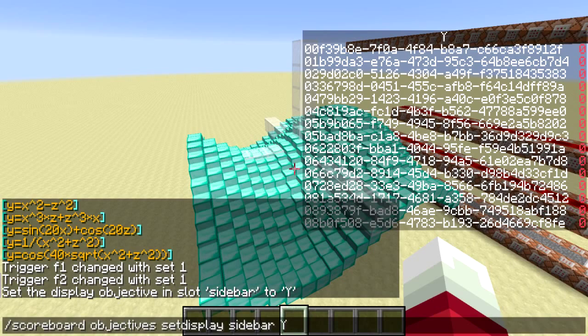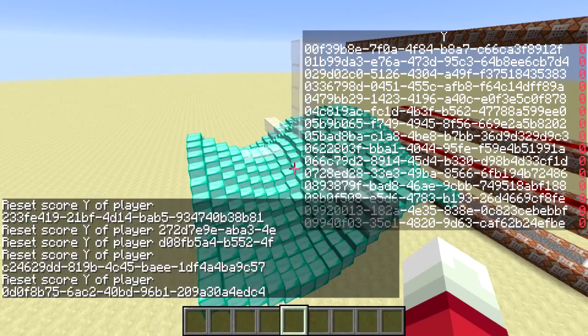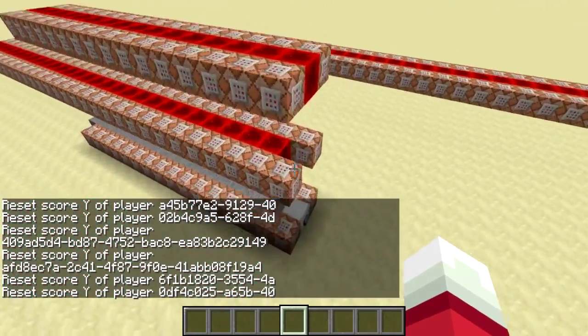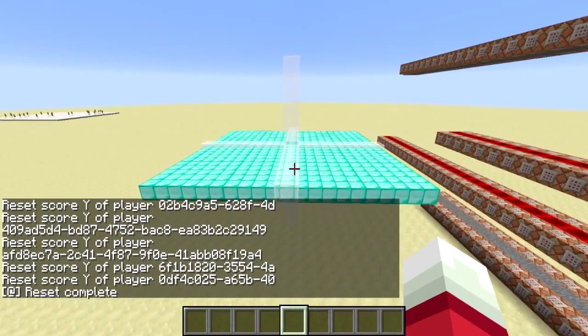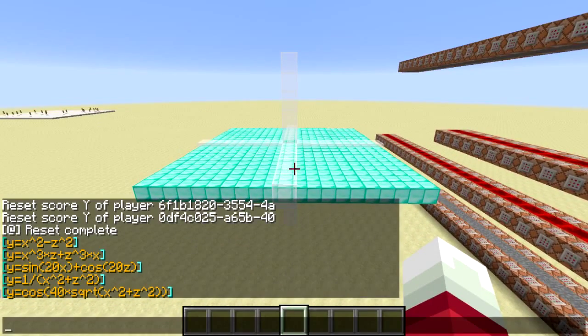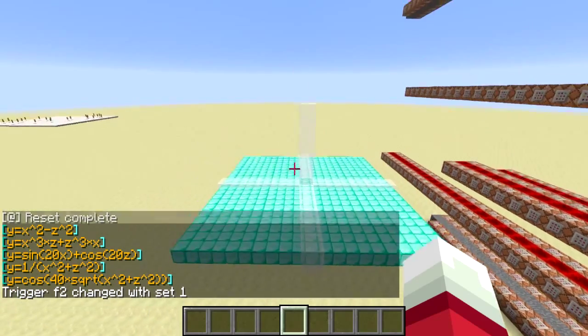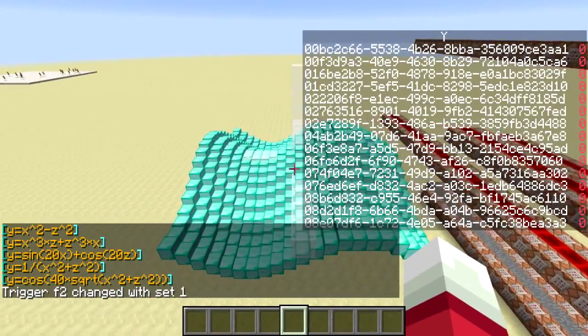I'm not actually sure. Let's do players reset star. There might be some old armor stands sitting around. So let's reset it and try it again, and see if those Y values get put where they should be. It takes a while to calculate all the sines and cosines.